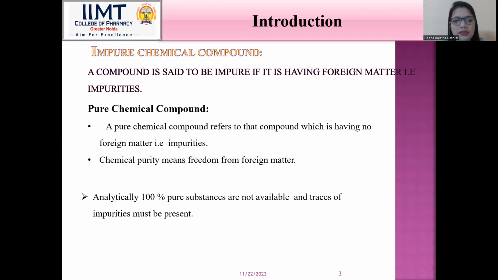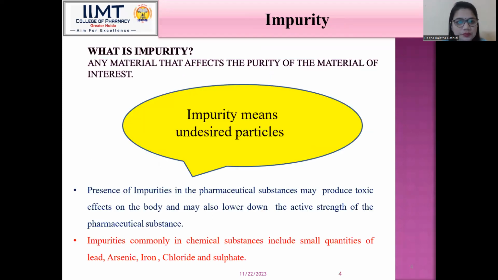Analytically, 100% pure substances are not available, and traces of impurities must be present. So what is an impurity? Any material that affects the purity of the material of interest is an impurity. Impurities mean undesired particles, foreign particles.